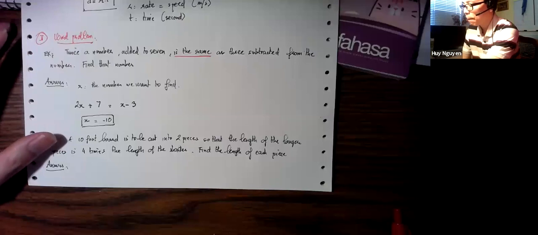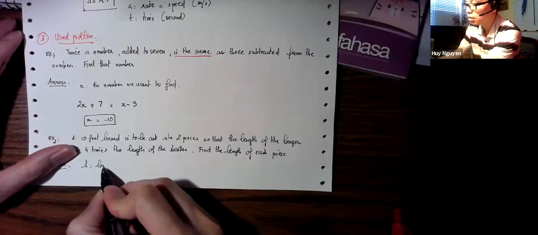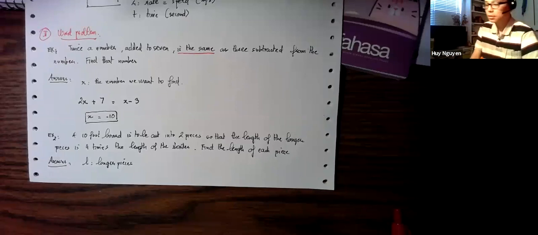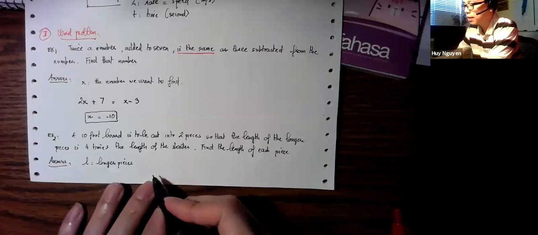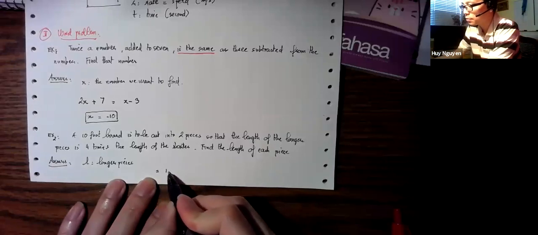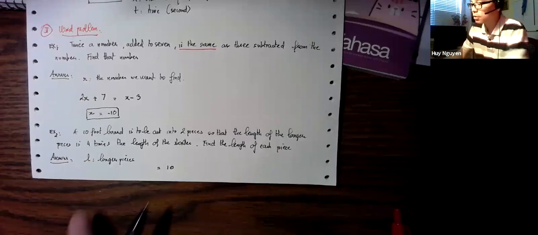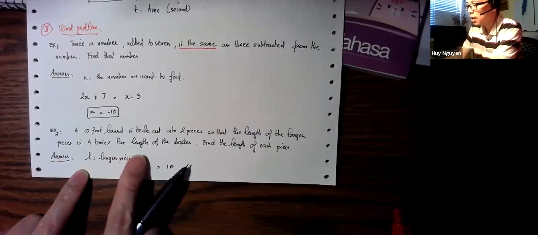The longer piece is L. We know the total is 10 foot. Even after you cut it, the total is still 10 foot, so the equation will be equal to 10, because the total is 10. The longer piece is 4 times the length of the shorter.